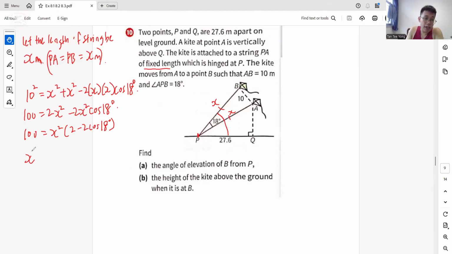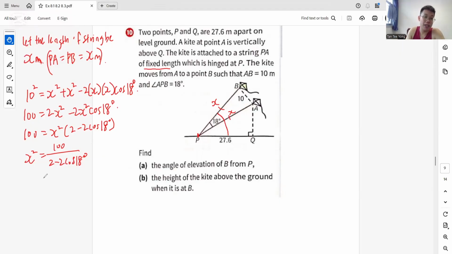All right. So X squared equals 100 over 2 minus 2 cosine 18 degrees. After we calculate all this, actually we don't need X squared, just find X straight away.